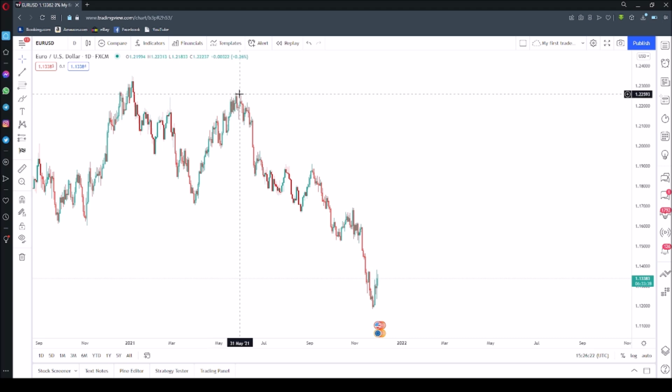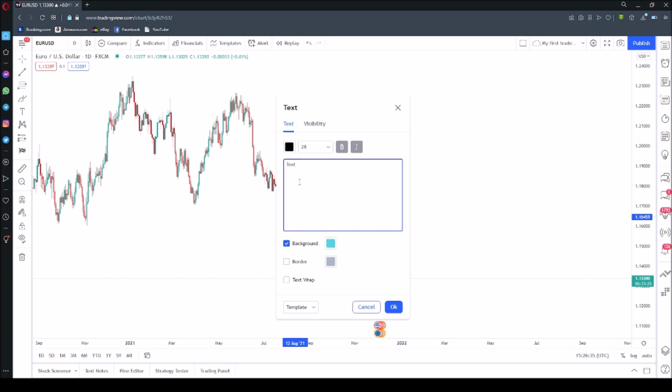Then from that point, we had the first impulsive drop, which was our first wave. Therefore, we may label this as wave 1 on that particular daily time frame.